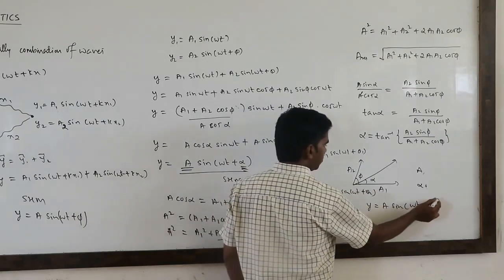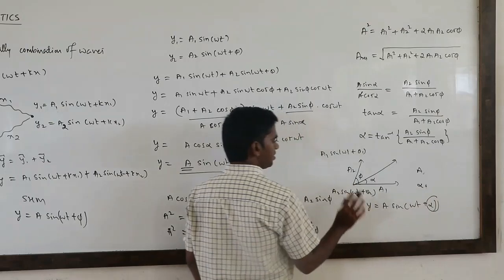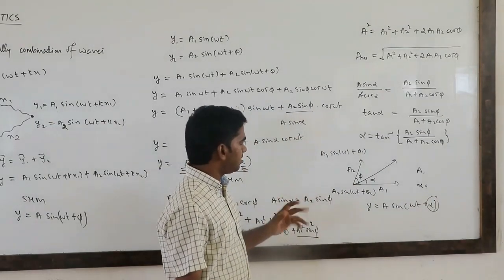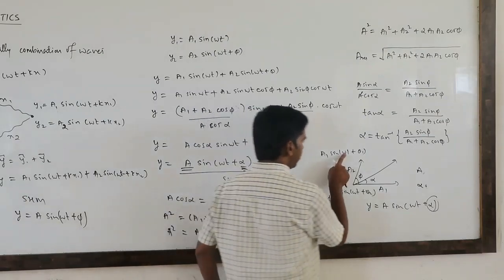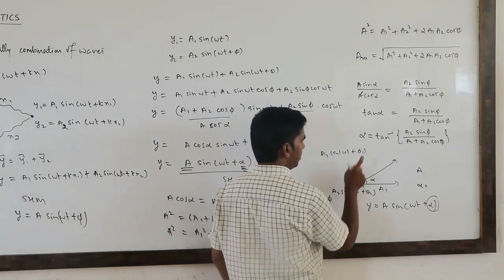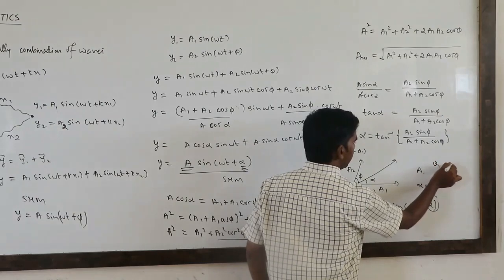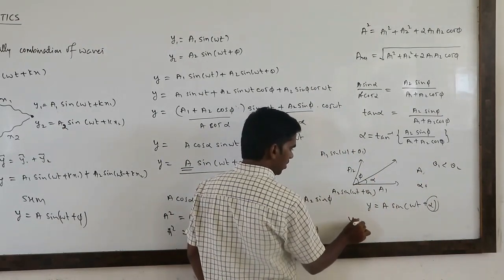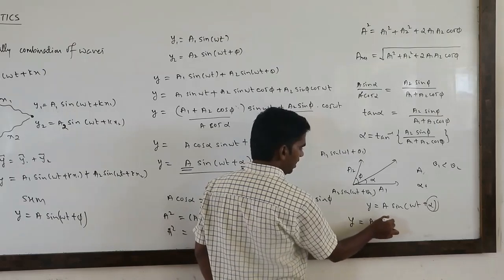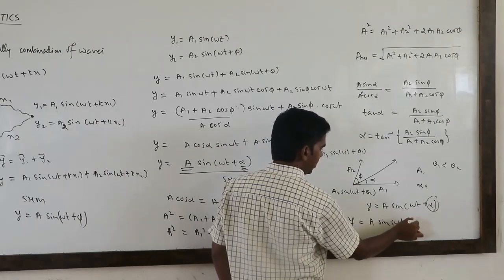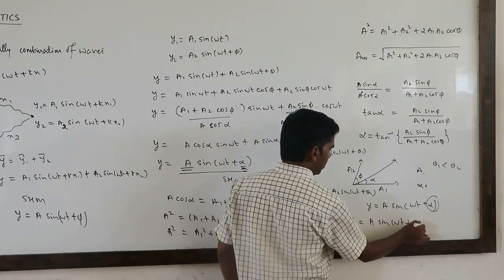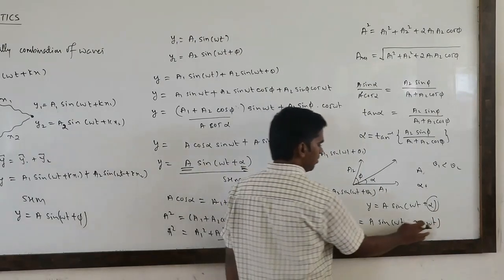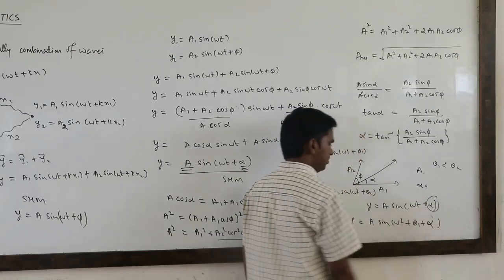Now this alpha is going to add with the wave whose phase is less. Suppose theta 1 is less than theta 2, then your resultant is going to be y equals A sin(omega t plus theta 1 plus alpha).